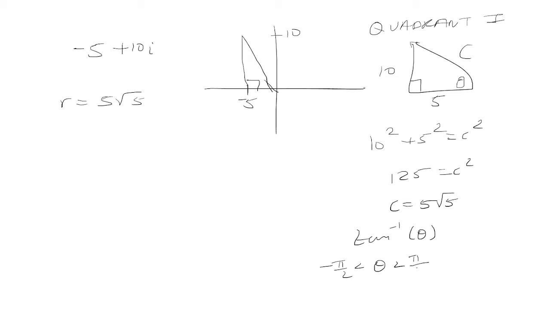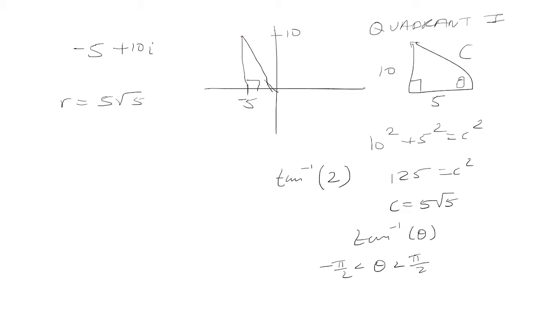So what we're going to do is consider the first quadrant, and then we have to adjust by doing some algebra. So we have inverse tangent of opposite over adjacent, so 10 over 5, which is 2. So this would bring us in the first quadrant.